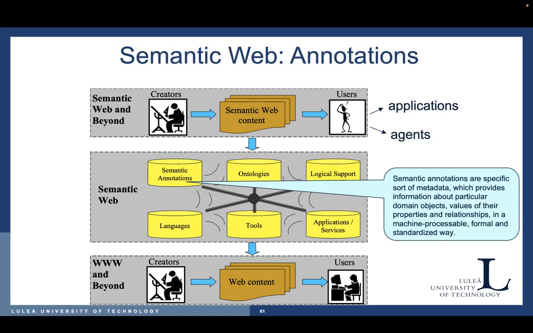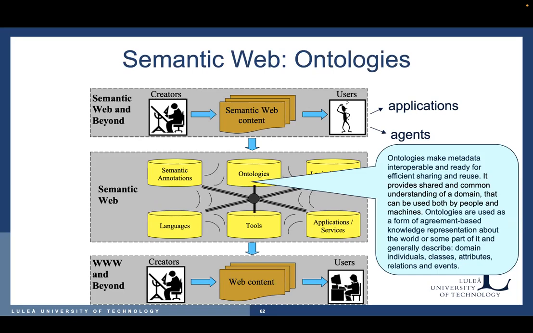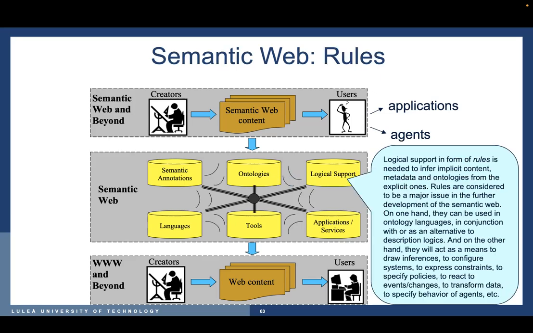We will be talking about really how to annotate resources. We will be talking about a unified way of describing domain knowledge in terms of ontologies. These two components will be used for reasoning.